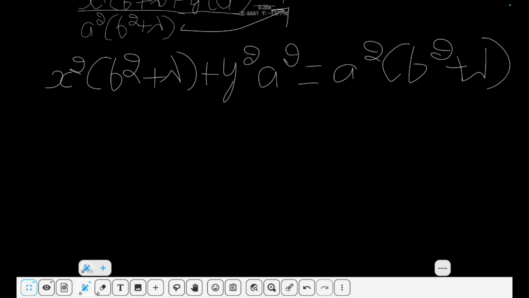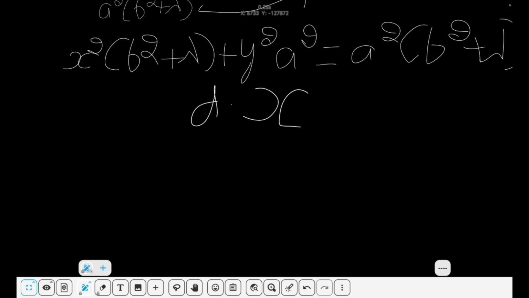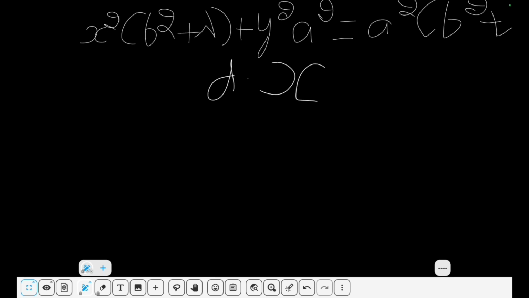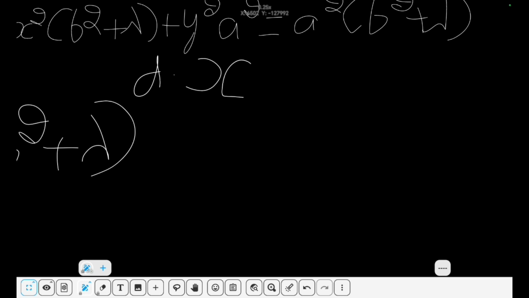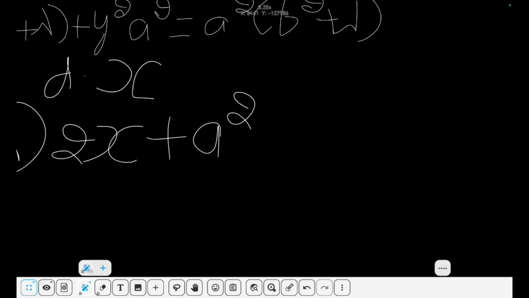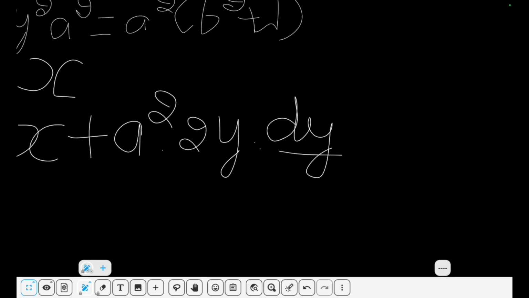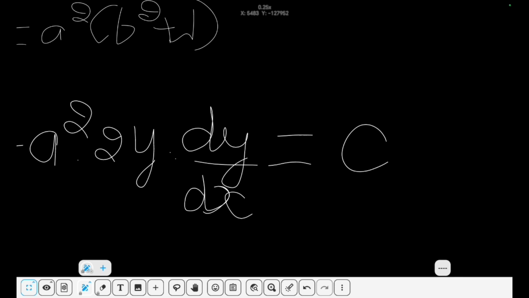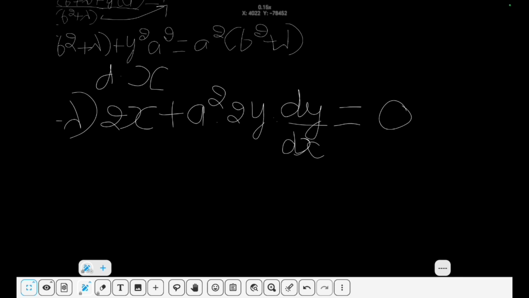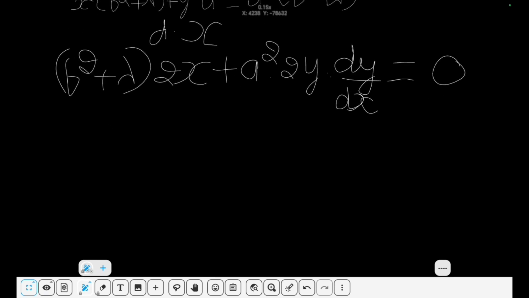Now differentiating with respect to x, this becomes b square plus lambda is a constant, so differentiation of x square is 2x plus a square is constant, differentiation is 2y into dy by dx, that equals differentiation of a square into b square plus lambda is a constant. So differentiation of constant is 0, not integration, differentiation, sorry.